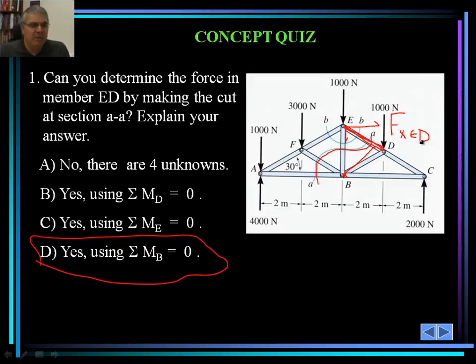We can pretty much solve for that one, knowing the other forces that are also causing the moment, and those are mostly external forces: 1,000, 2,000, 4,000 here, 1,000 here, and 3,000. And this one doesn't come into play because it also goes through point B. So we can actually do that.